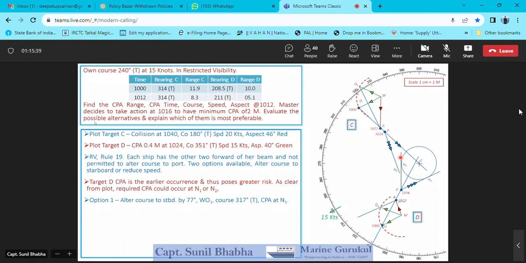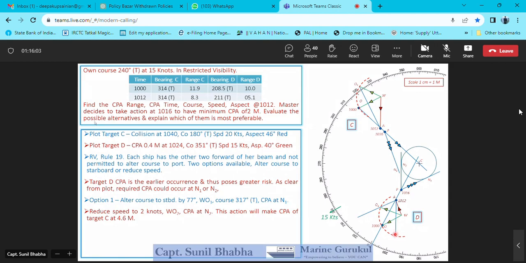I align my parallel ruler to Papa November 2, take it to point Alpha, and draw a parallel line. You can see this parallel line coming up here. This is for target Delta. So this can be the second option for our relative line of approach.